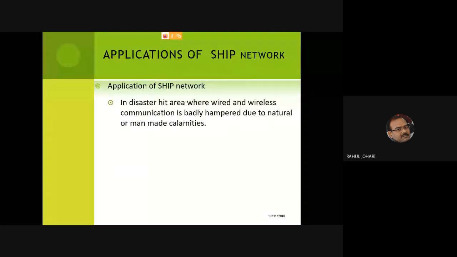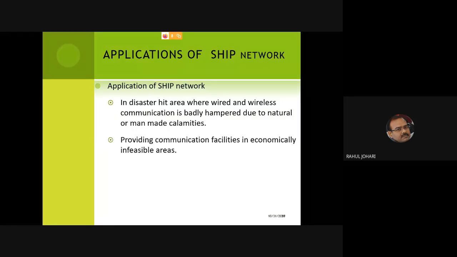More applications: they are widely preferred in disaster-hit areas where wired and wireless communication is badly hampered due to natural or man-made calamities. They are very good networks primarily in handling situations that are vulnerable to earthquakes and landslides. I can quickly establish a ship network in that particular domain, or provide communication facilities in economically infeasible areas, like the ocean seabeds or the desert regions where not a lot of population is there.